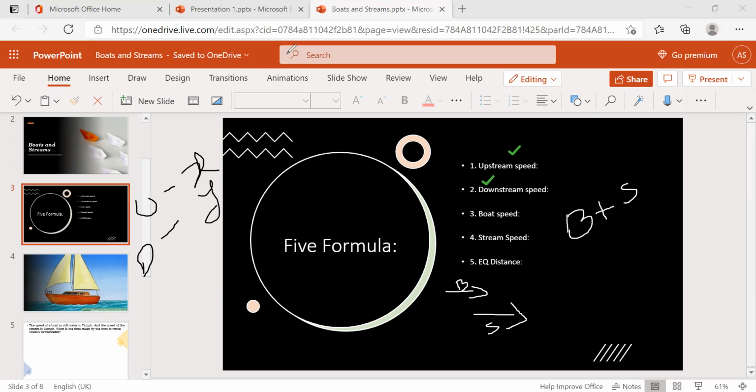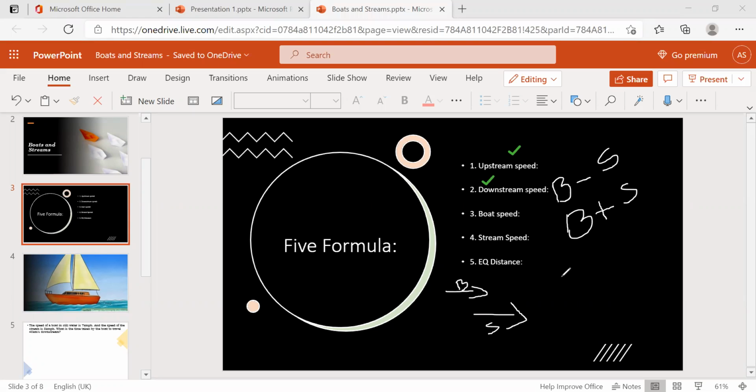Now we know the upstream speed formula and the downstream speed formula. See here. This is the downstream speed, and this is the upstream speed.